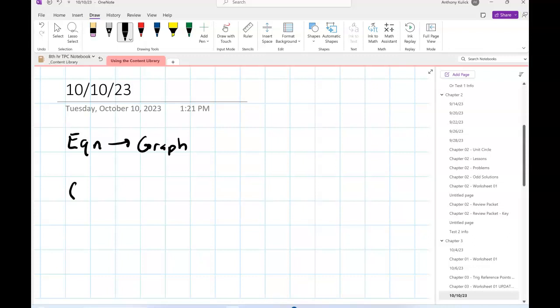Today, what we're going to be talking about is going the opposite direction. We're going to be taking the graph and trying to get an equation out of it. So far, so good? Everybody okay with that idea?